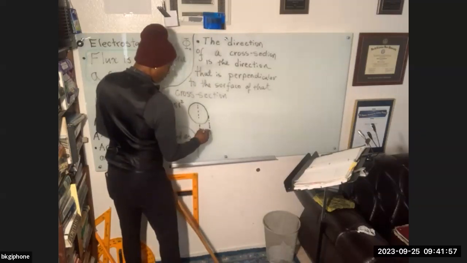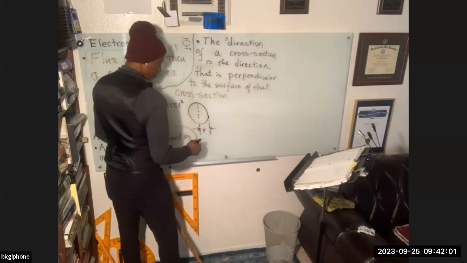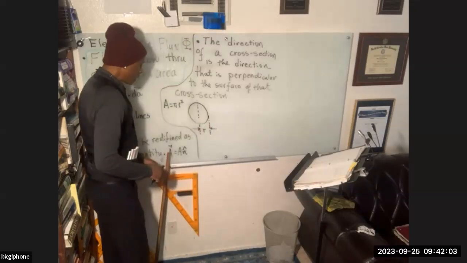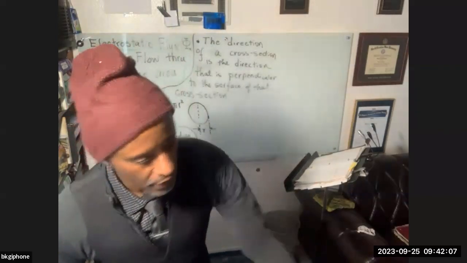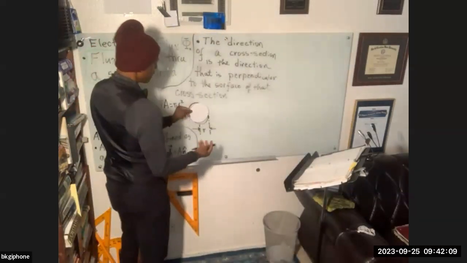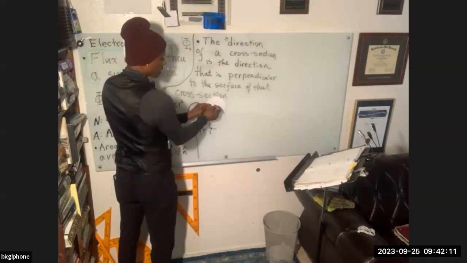Okay, so this distance is r. And as I told you, if I have this area flat on the surface like this, then the direction is perpendicular to that surface.